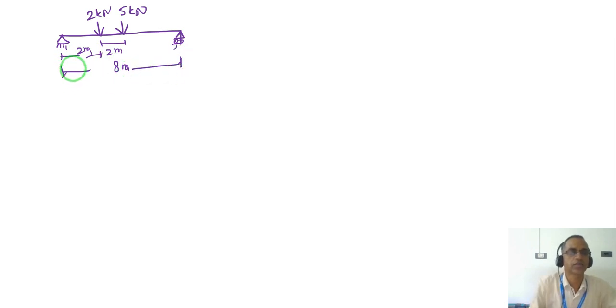If it is asked, find the shear force at a section at, let us say, 4 meter from the left support.